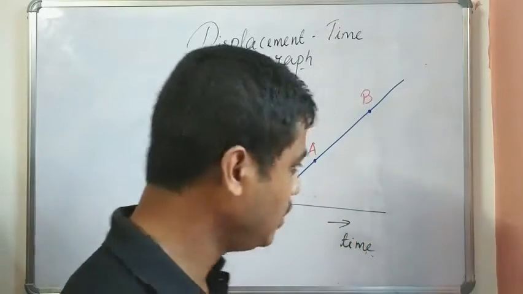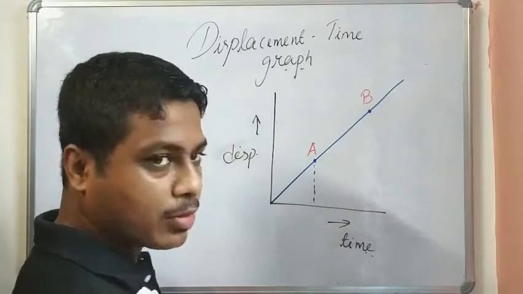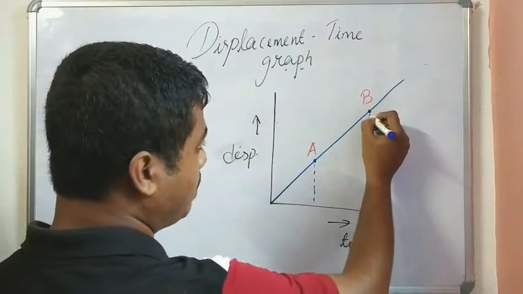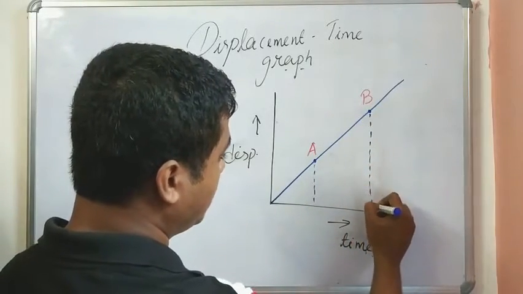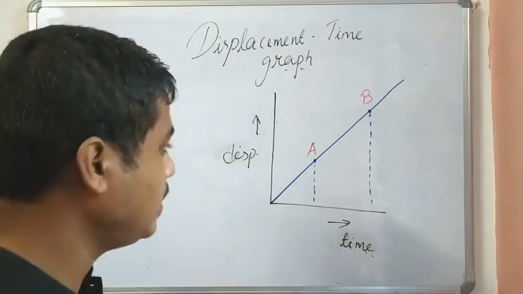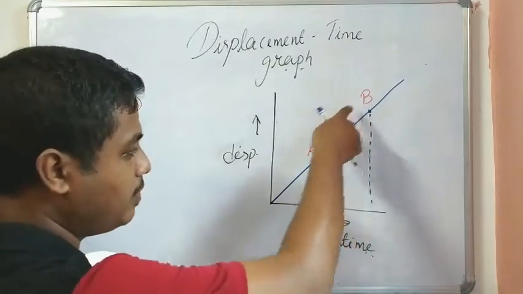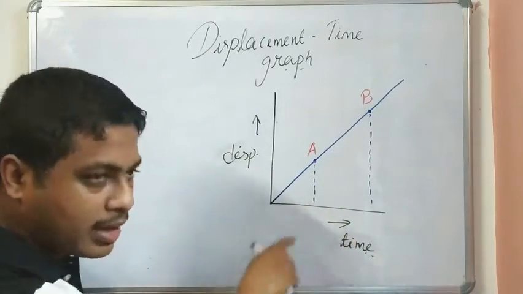Firstly, you draw a perpendicular line towards the x-axis from point A. In the same way, from point B you draw a perpendicular line to the x-axis. That is the time axis. By this we'll know the values of A and B on the time axis.